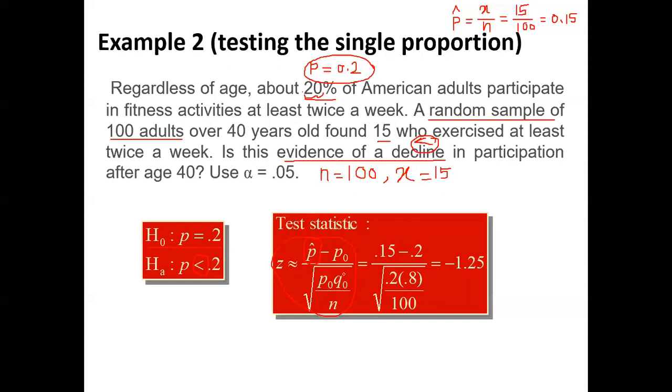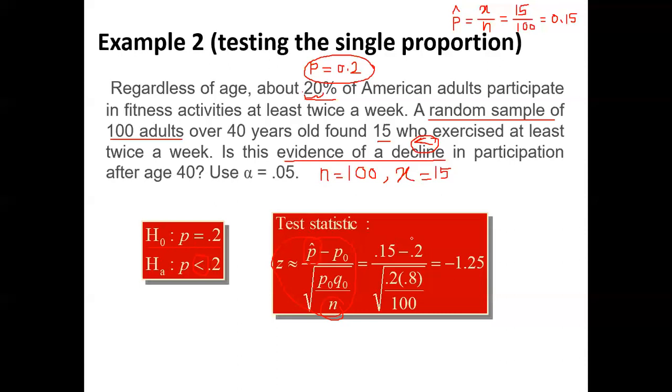So how to get Q? 1 minus P. So 1 minus 0.2, you will get 0.8. So the square root of 0.2 times 0.8, and divide by 100. That is the value of n.